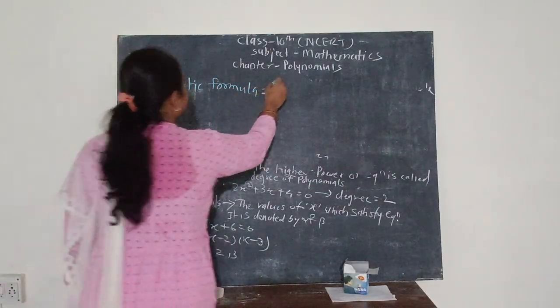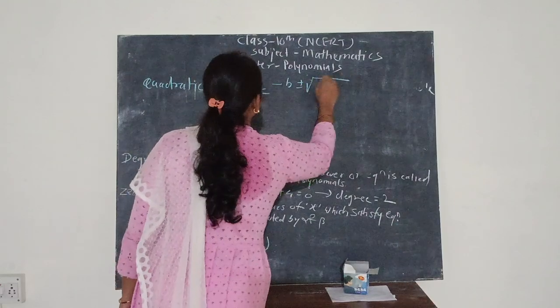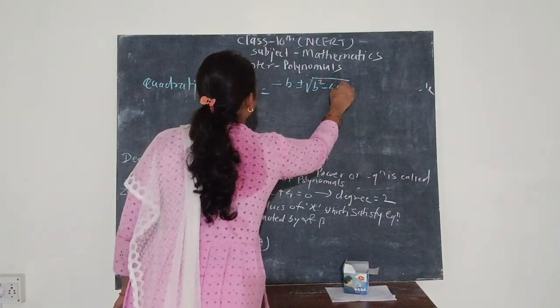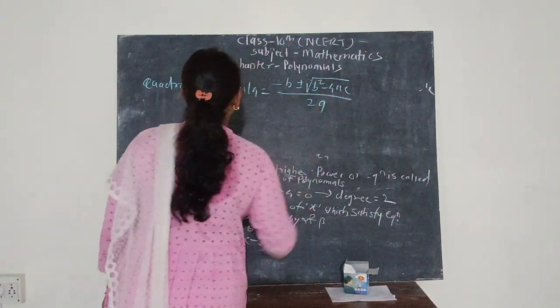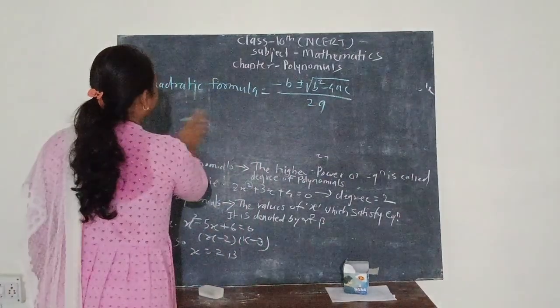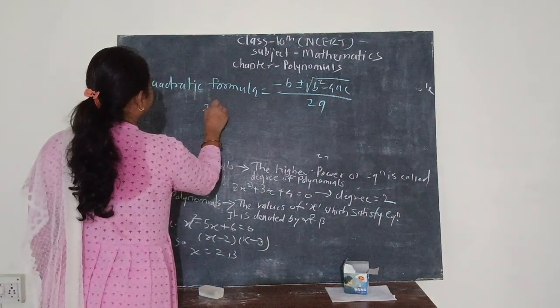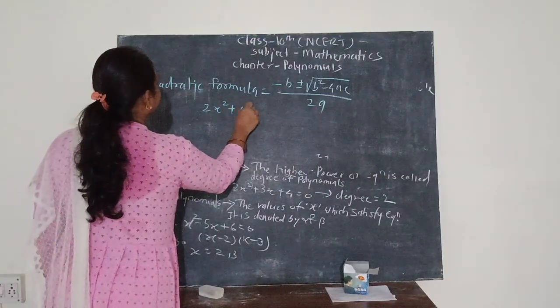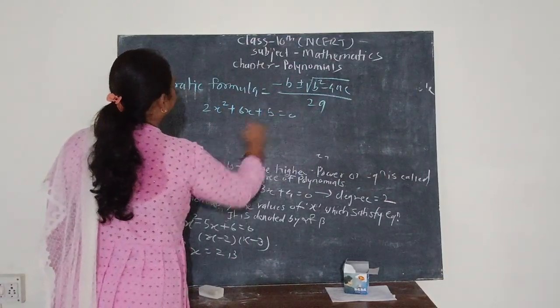The quadratic formula is x equals minus b plus minus under root b square minus 4ac, upon 2a. Consider the equation 2x square plus 6x plus 5 is equal to 0.